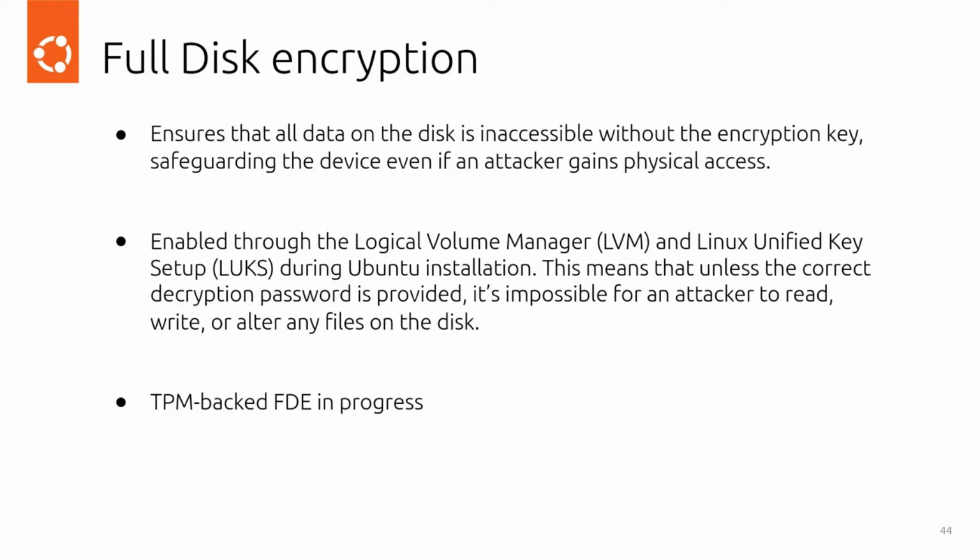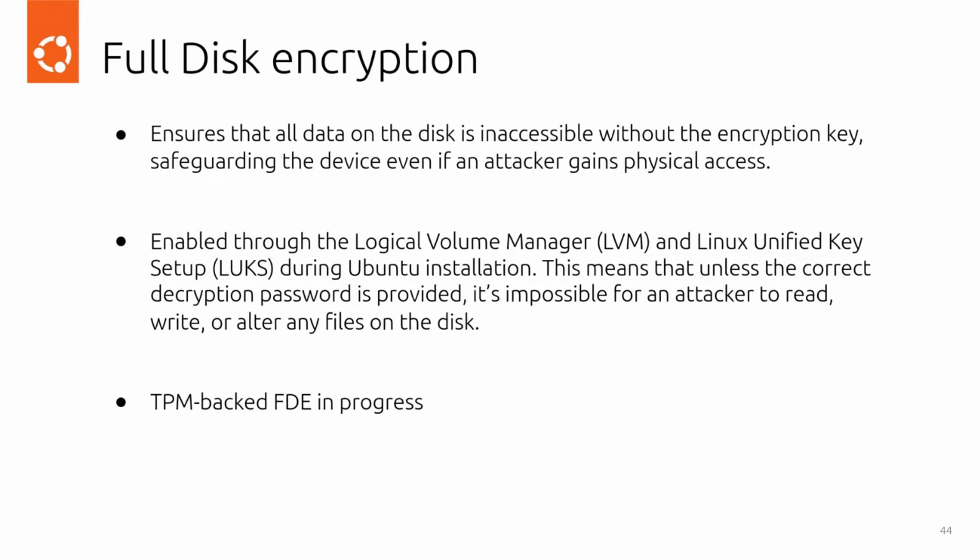Full disk encryption is another important primitive that we use, and its goal is to ensure that all data on the disk is inaccessible without the encryption key. Today the way we implement full disk encryption relies on passkeys. We have another implementation in progress. It's available as an experimental feature since 2 releases back of Ubuntu.